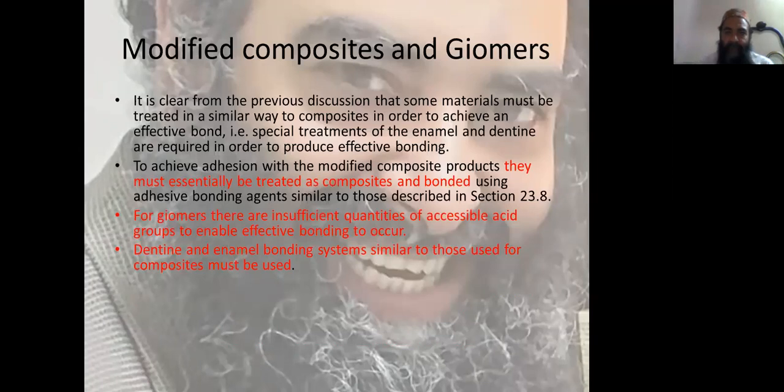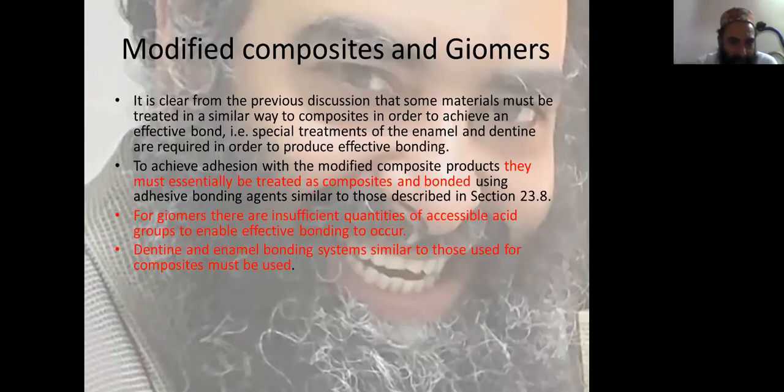Modified composites and giomers. Now, previous discussion revealed that some materials must be treated in a similar way to composite in order to achieve an effective bond. That is, special treatments of the enamel and dentine are required in order to produce effective bonding.